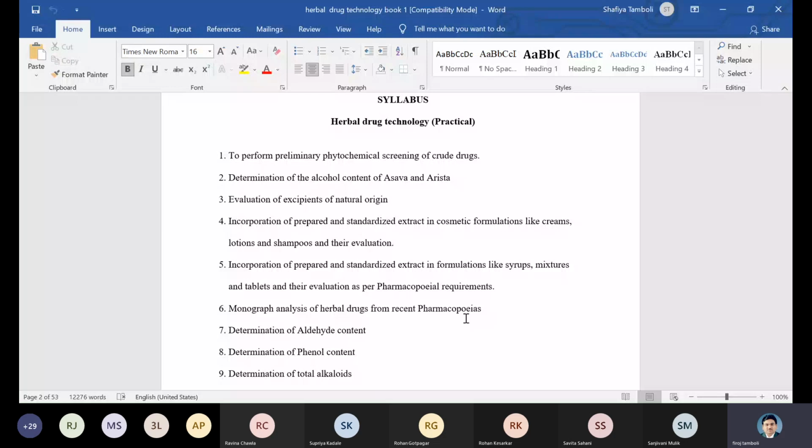Okay, next, number four: incorporation of prepared and standardized extract in cosmetic formulations like creams, lotions, shampoos, and their evaluation.